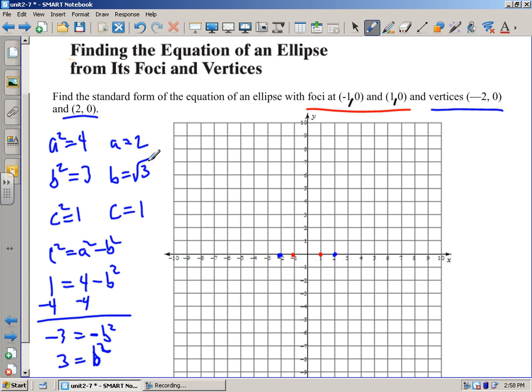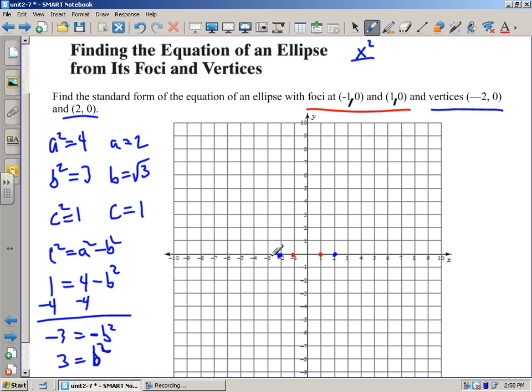So I've got all the information I need now to write my standard form of the equation. Remember, it's x squared over, well, let's see, is it over a squared or b squared? Well, do you see here that the foci are on the same line with the vertices? So that means that they're on this major axis.